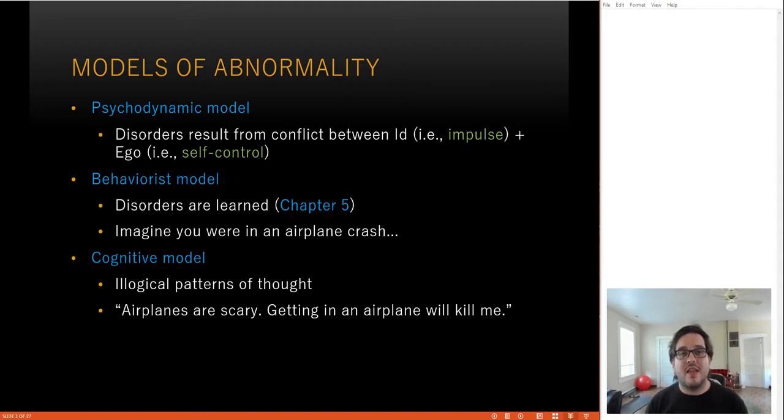Well, if we look at the actual data on this, what we can see is that relative to getting in a car, getting in an airplane is much safer. Perhaps you had a freak accident where the airplane's engine was not checked properly, and so it exploded and everything went down. But the probability of dying in a car crash is much, much higher than dying in an airplane.